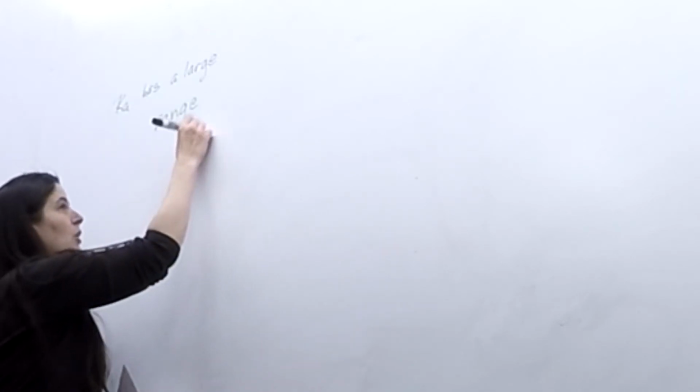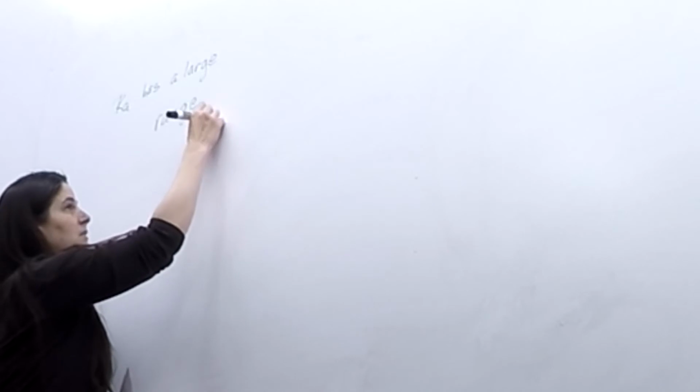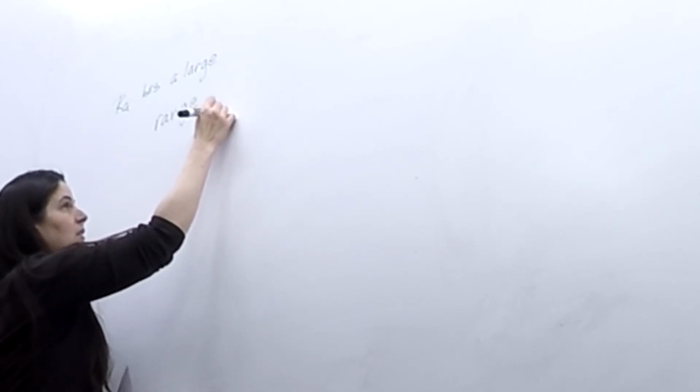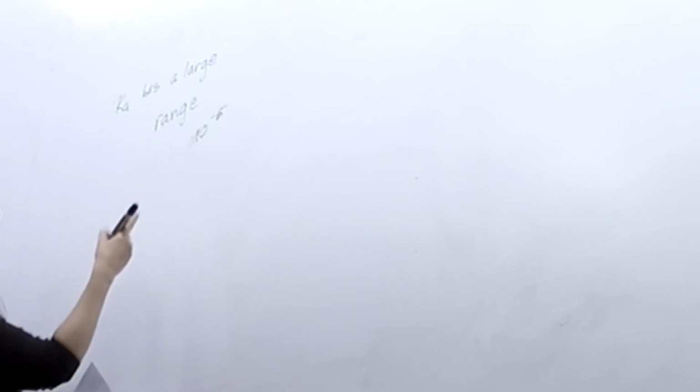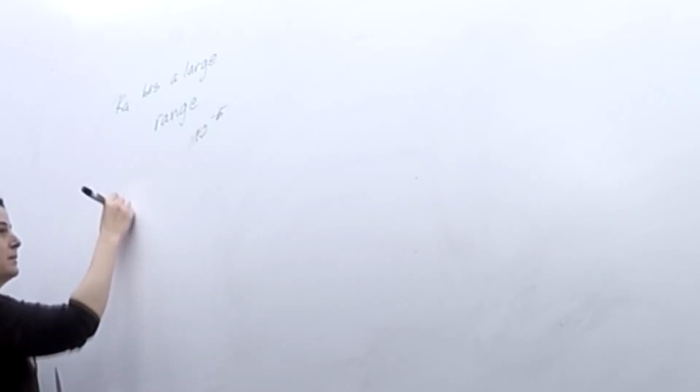Ka's can have a large range as well. You can see that one of our Ka's here was 10 to the minus 5. So there we're using an exponent there, and you don't like to use these large ranges when working with acid base.